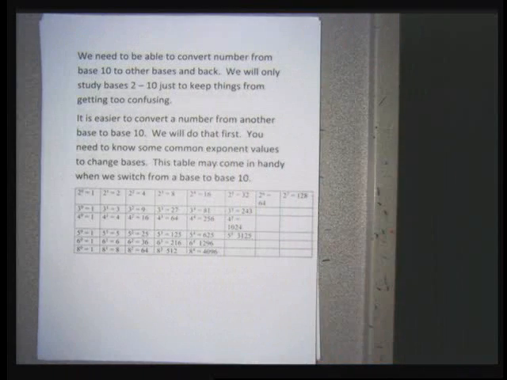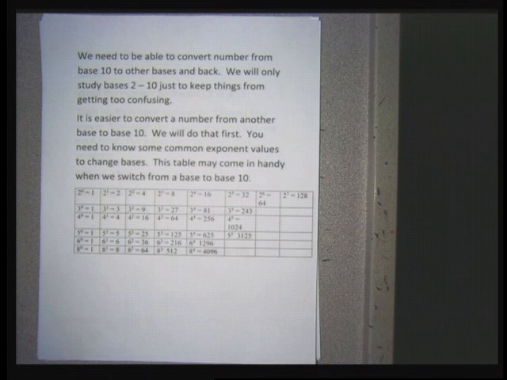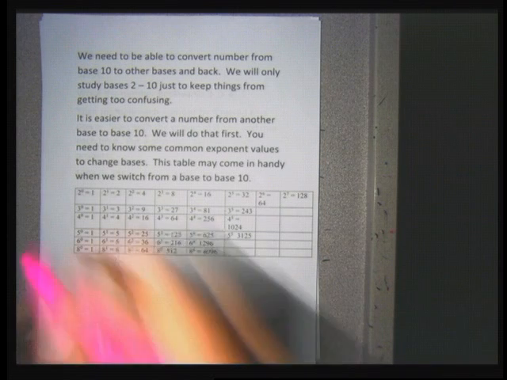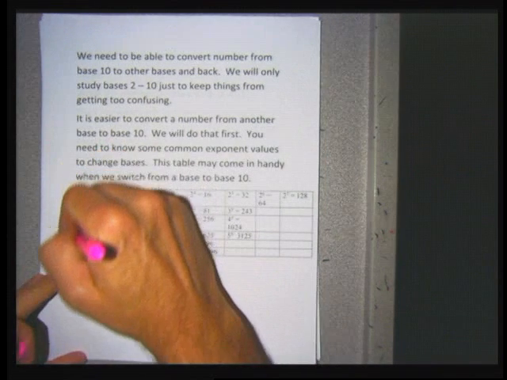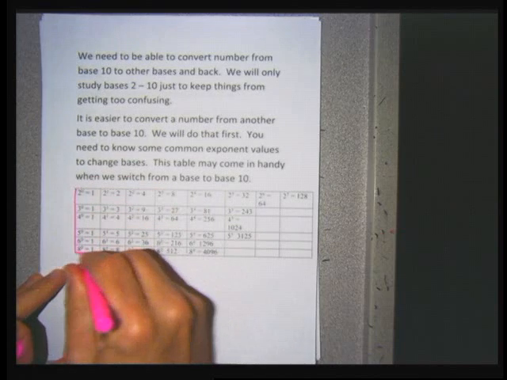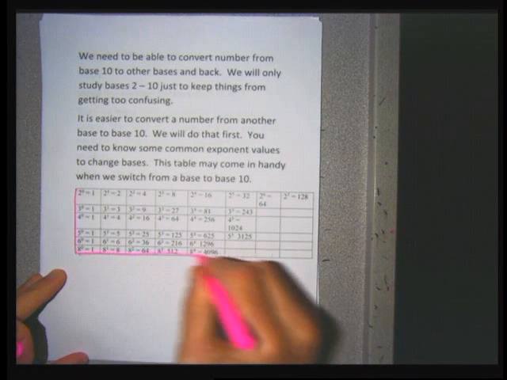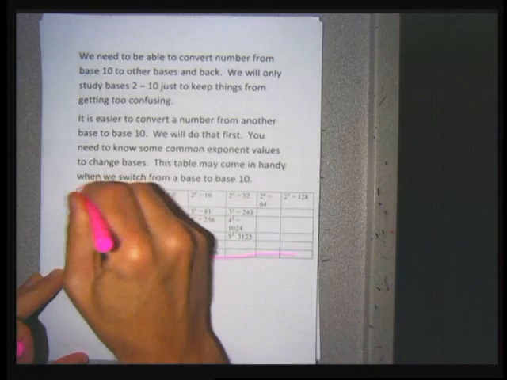So, in order to do well converting back and forth between bases, we need to know powers. And on this sheet, there's a bunch of powers that I'll refer to a lot in this section. So when we're doing this section, you might want to have this at your fingertips.